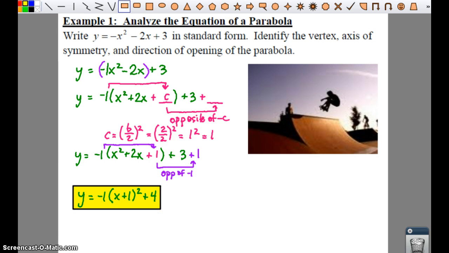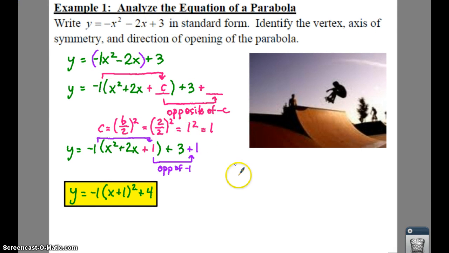And then next, we have to go ahead and list your vertex, your axis of symmetry, and your direction of opening. So if we look at your chart, your vertex is just h comma k.